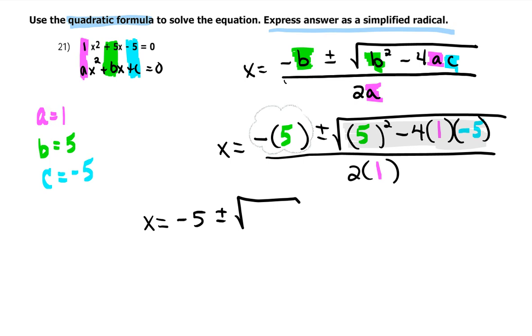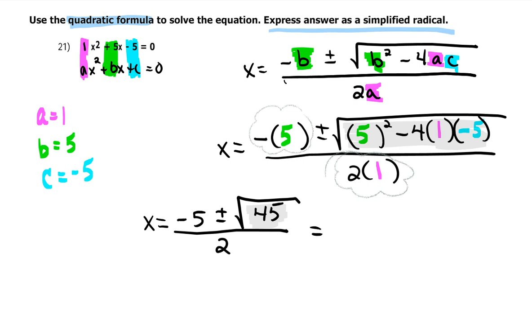That's going to be a positive 20. So 25 and 20 makes this right here a 45. All over, and then this right here, 2 times 1, well, that's just a 2.